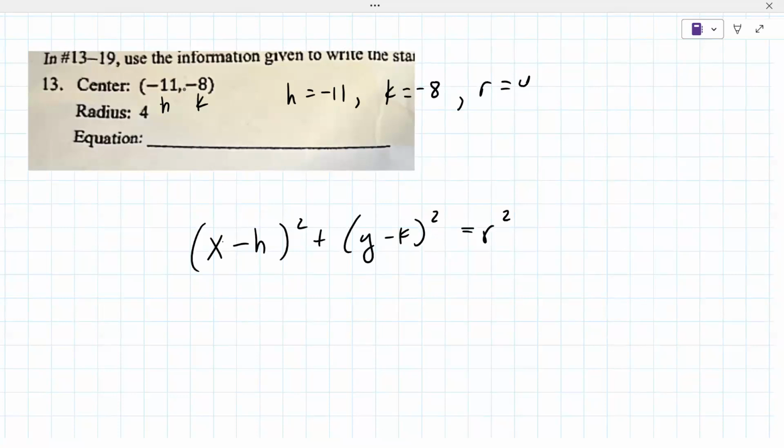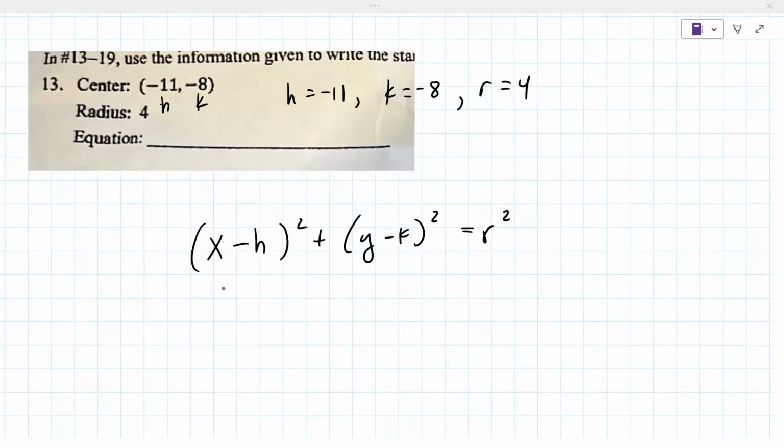The radius is 4. So we plug those in. Would h turn into a positive?